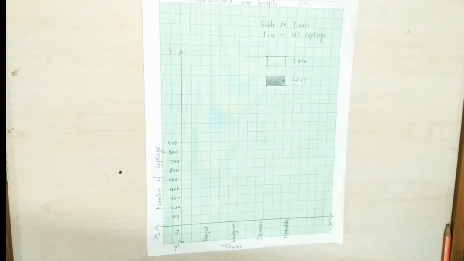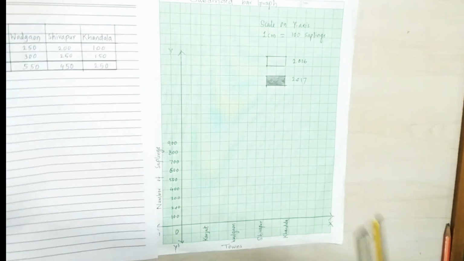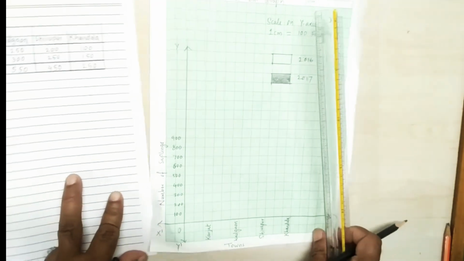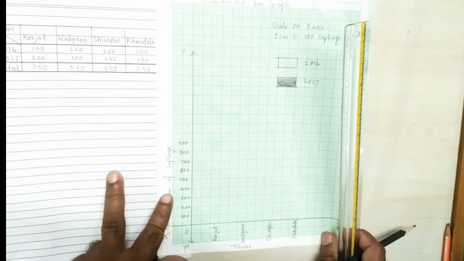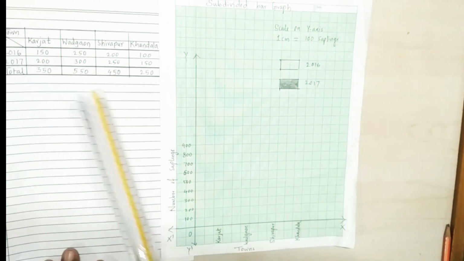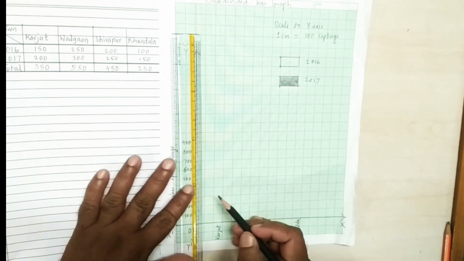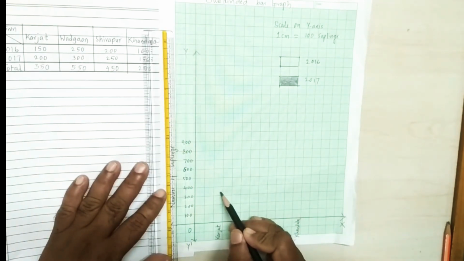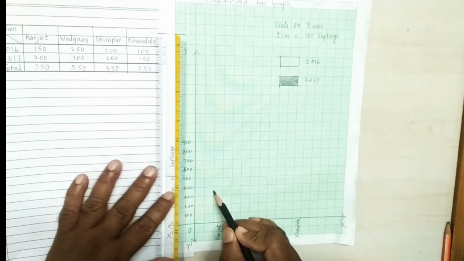First is Karjat. In Karjat, the total number of saplings planted is 350. So Karjat 350 will be here.